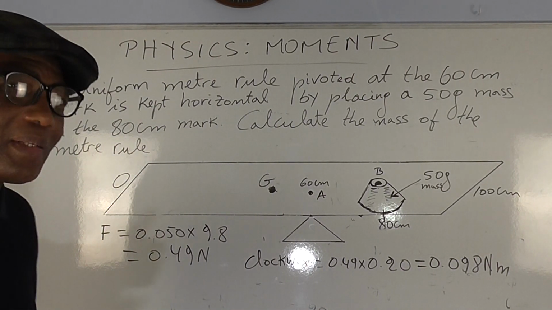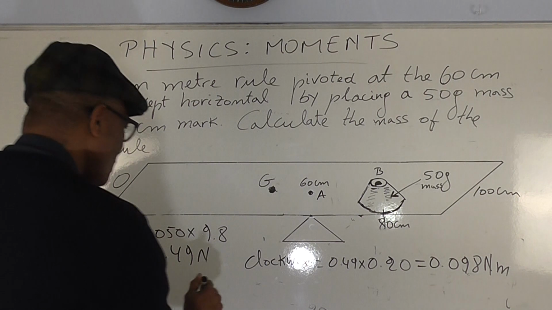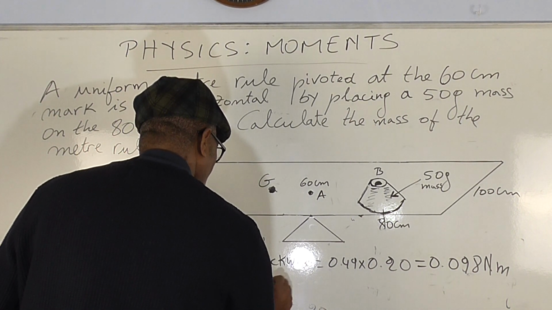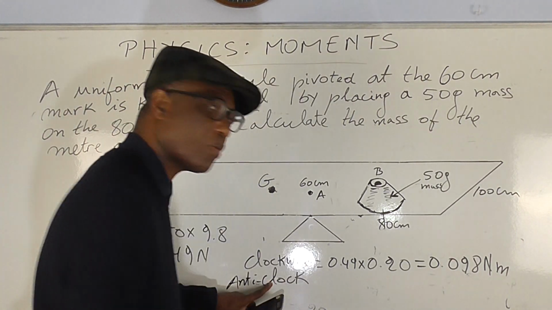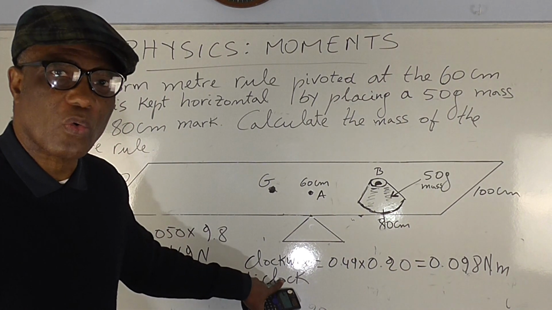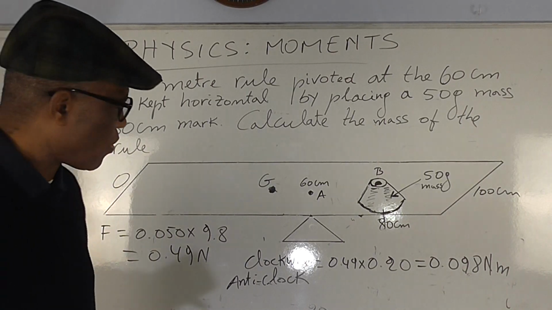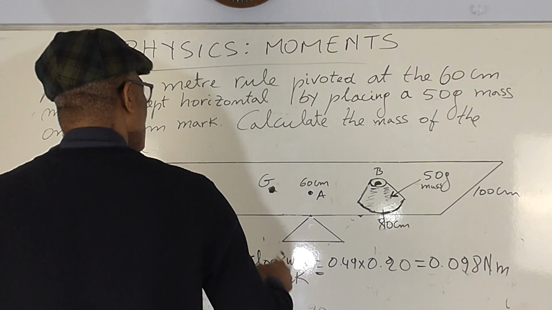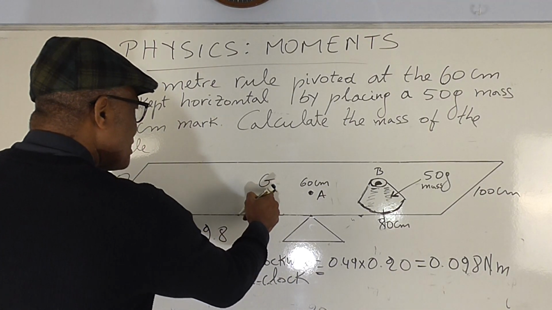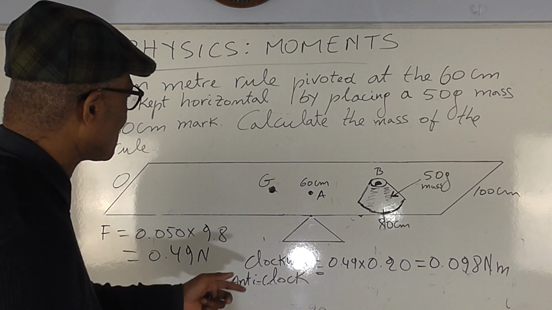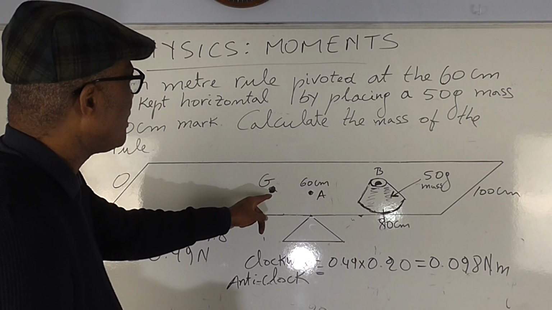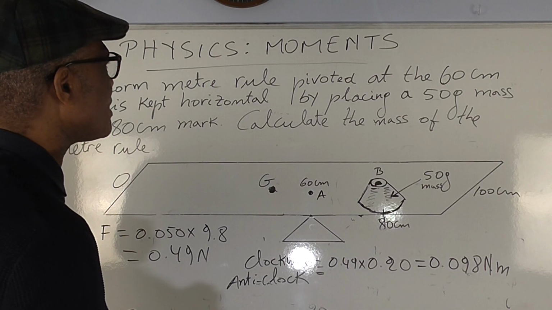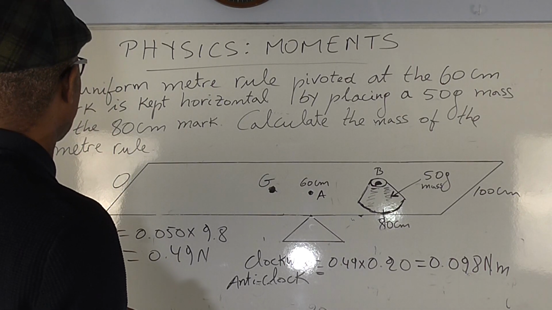Now the anti-clockwise moment. To get it, we use the mass of the meter stick.